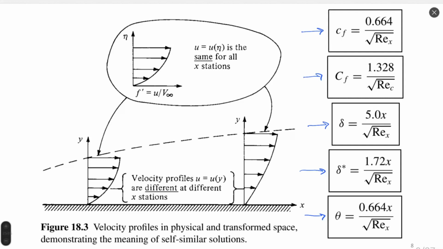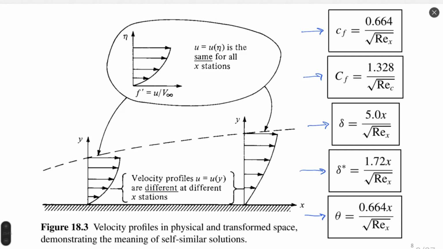A lot of information. Once we obtain the Blasius solution, we can have all these integral parameters, such as the friction coefficient, two-dimensional and three-dimensional. We can also get the thickness of the boundary layer, which is also a sort of integral value, right? Once we integrate velocity profiles.